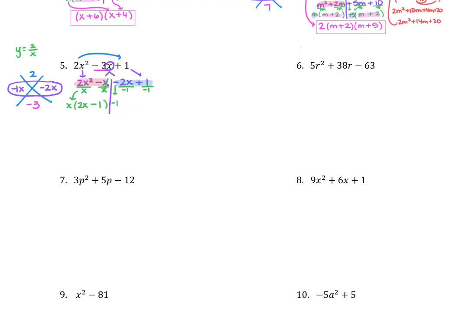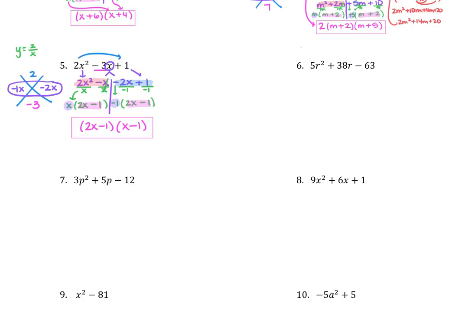A -2x divided by a -1 would leave me a positive 2x, and 1 divided by -1 would leave me -1. Remember, we want to double check to make sure that these two binomials match. They do. So that's going to become my first binomial. And then remember, my leftovers, I'm going to combine to make my second binomial, x minus 1.